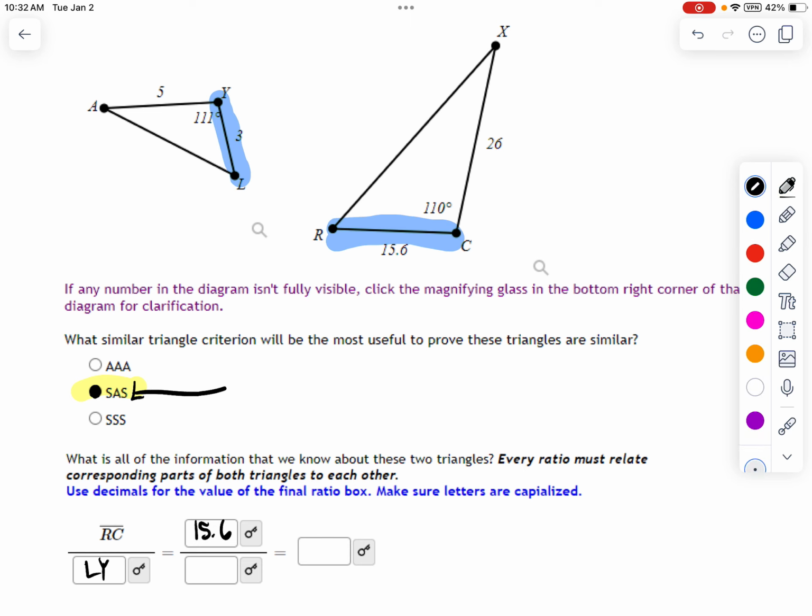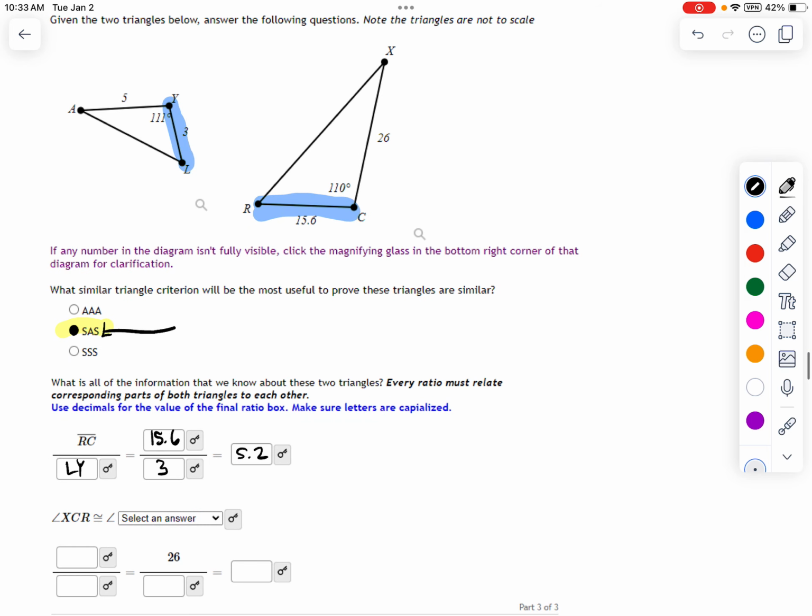It doesn't matter which order we use. That's the corresponding side, and it has a length of 3. Then do that division: 15.6 divided by 3 gives you 5.2. Nothing too crazy there.